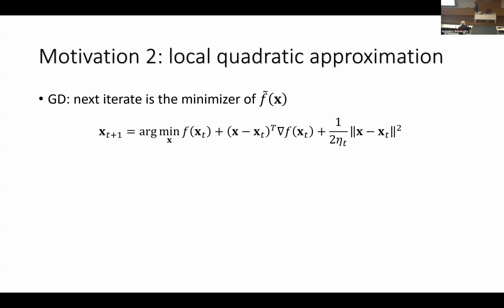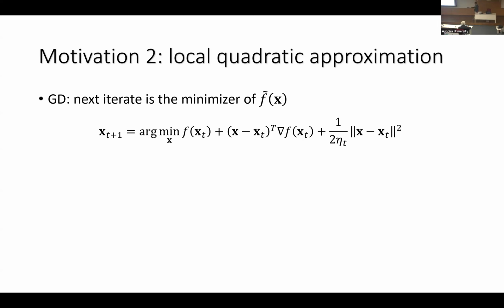So the next iterate in gradient descent is always the solution to this optimization problem. Again, a quadratic optimization problem, so you can solve it analytically, but xt plus 1 is always given by this arg min over x of this. And what is the solution of this?